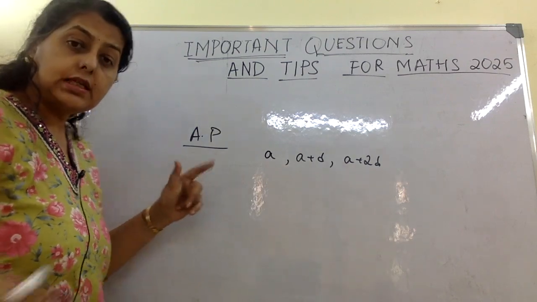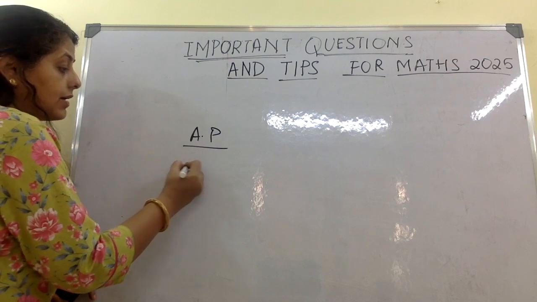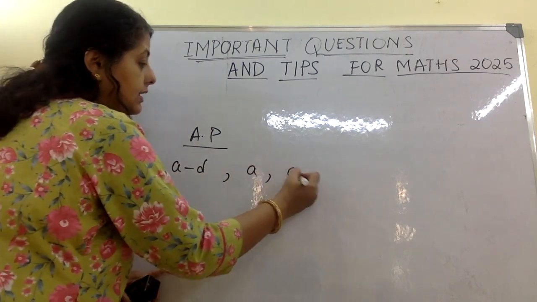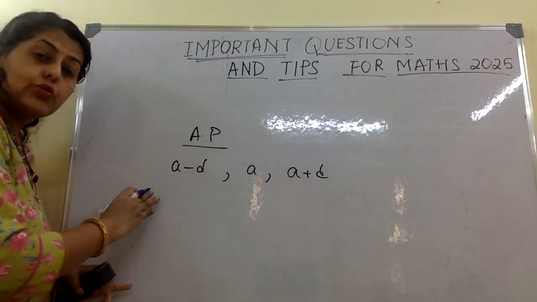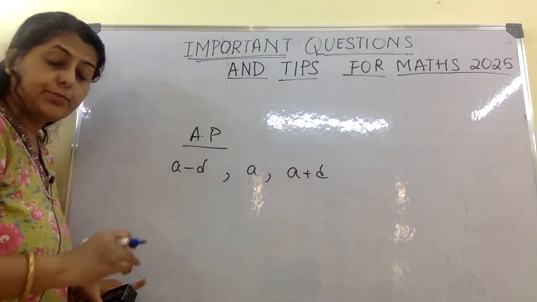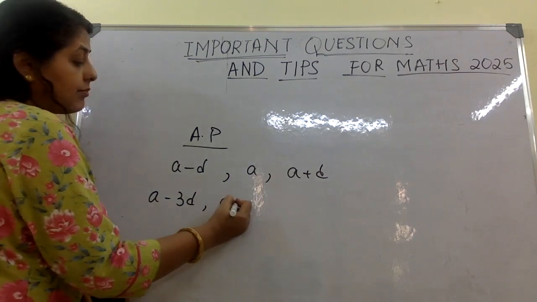So if it is 3 numbers in AP, then remember you have to take it as A minus D, A, and A plus D. This is the pattern for taking 3 numbers in AP. Let's take 4 numbers in AP: A minus 3D, A minus D, A plus D, and A plus 3D.